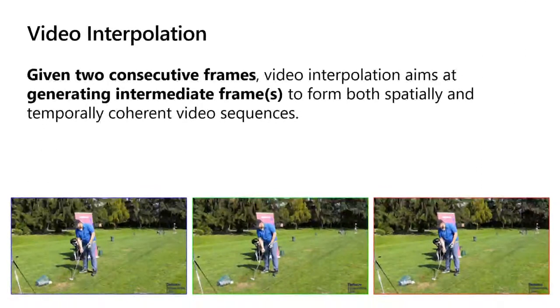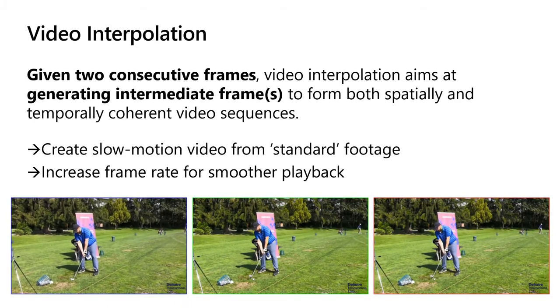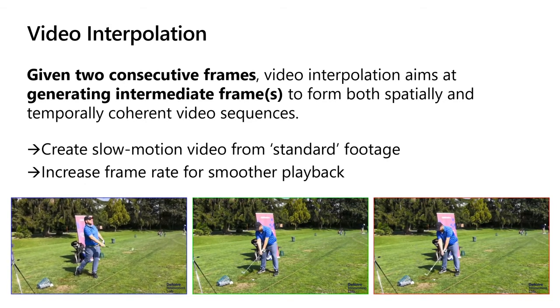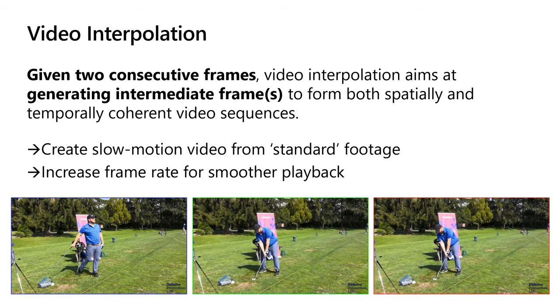Let's pass to the other building block, video interpolation, meaning that if we take 2 consecutive frames, we're able to invent and recreate new frames in between. This lets us obtain two things.